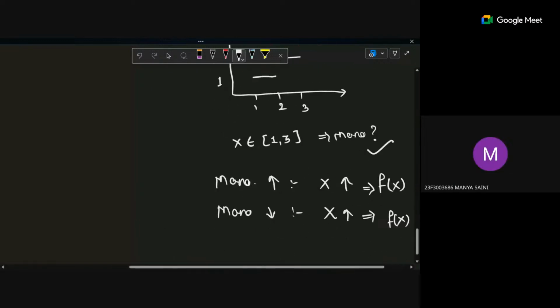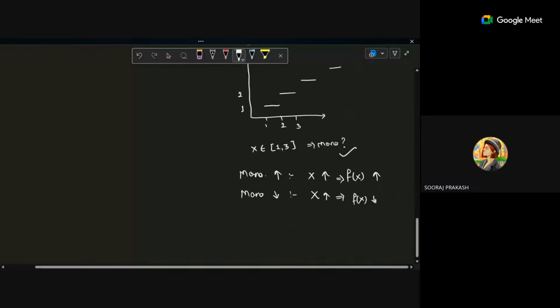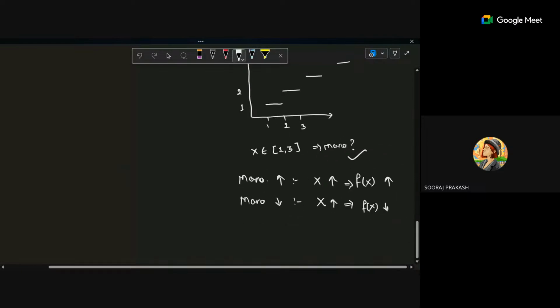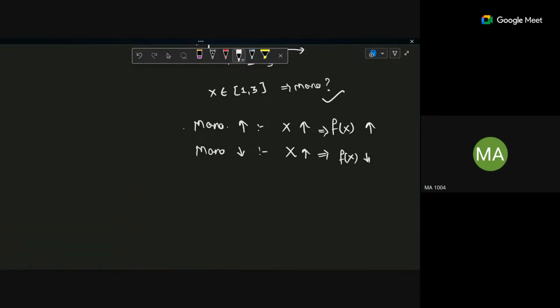Ma'am, you said before that it can be increasing; it's not necessary that it is always strictly increasing. So it can be constant also, right? Yeah. So these are the definitions of strict monotonicity. In mathematics, you might have learned strict monotonic and only monotonic.